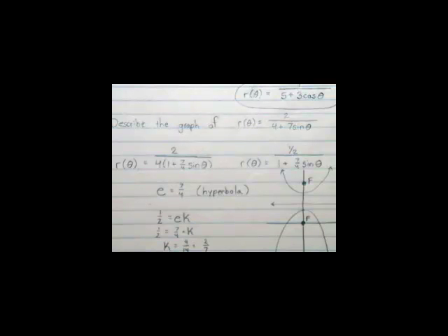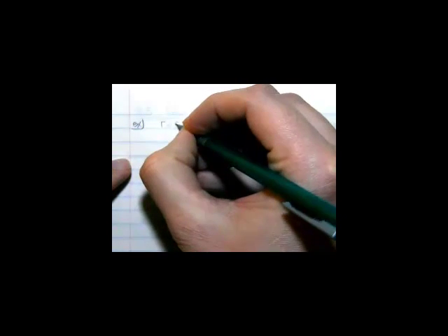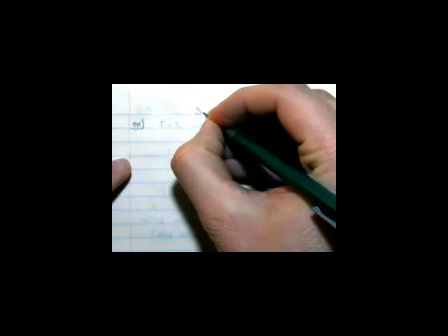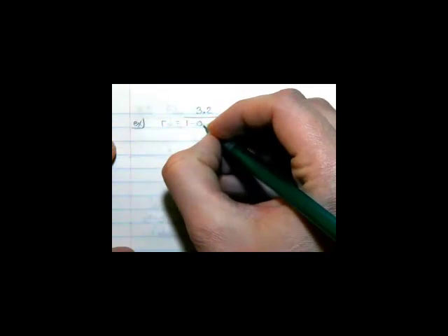Yep. So, all right. So let's give this a try. So let's say the conic section that we're interested in is r equals 3.2 over 1 minus 0.6 cosine theta.